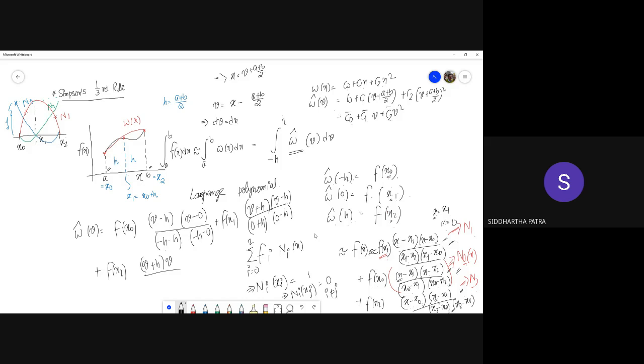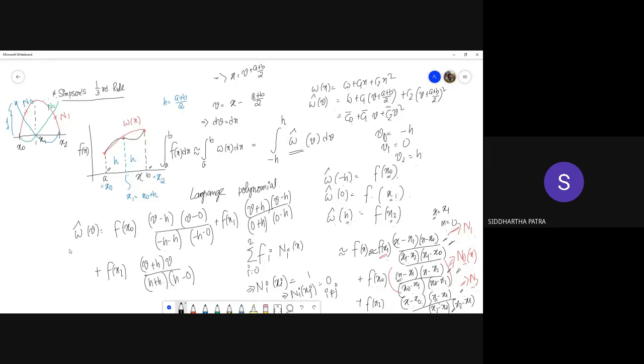And in the denominator, v0 is minus h, v1 is 0, and v2 is plus h. So denominator v2 minus v0, which is h plus h, and then v2 minus v1, which is h minus 0.